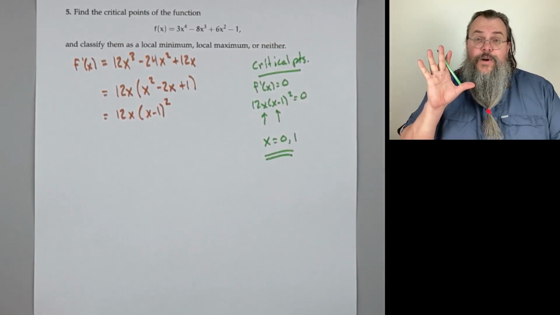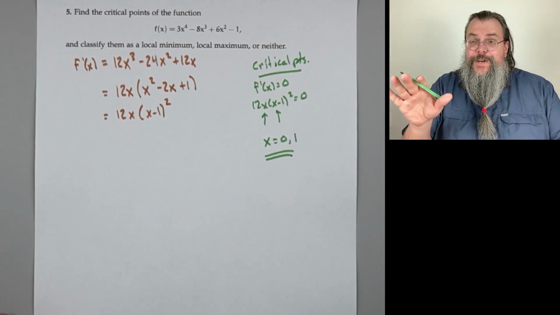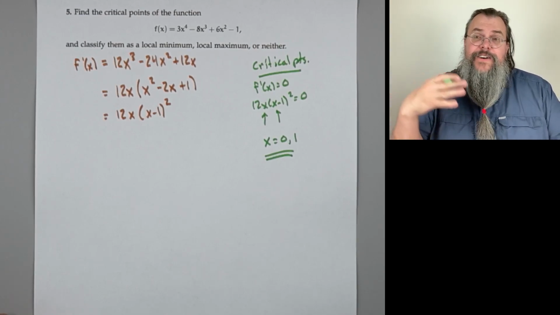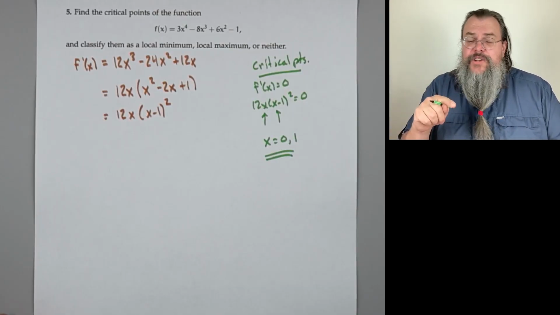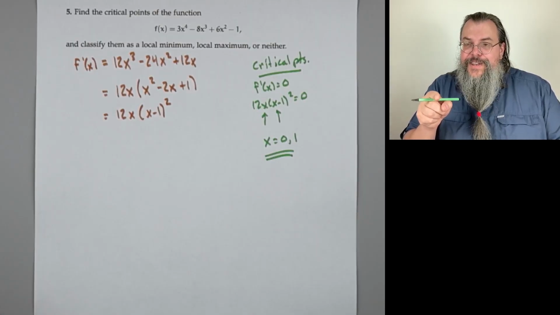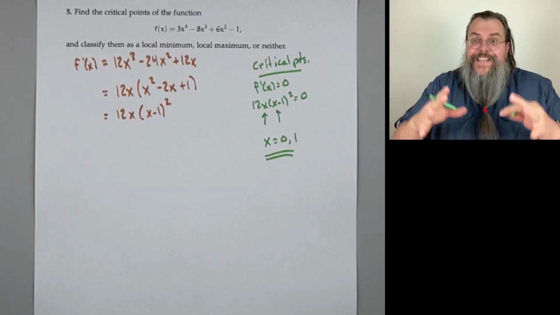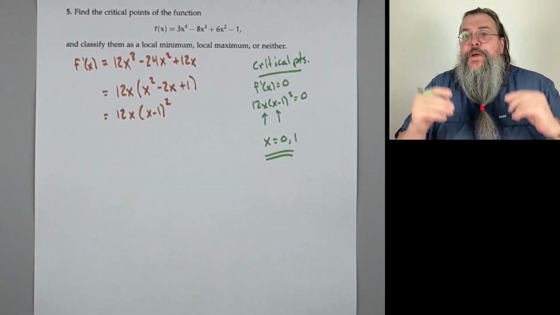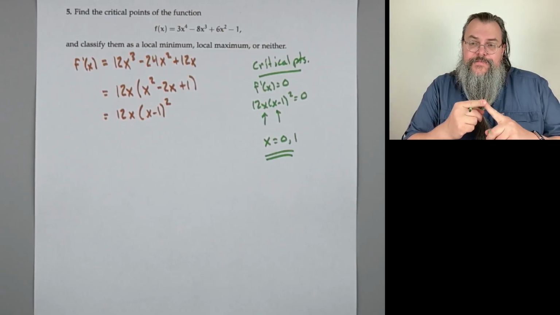Now, if our question had been find, life is good. But there's also a question about classify. So, do we want the first derivative test or the second derivative test? And why do we want the first derivative test? Well, okay, good answer. We want the first derivative test. The reason is that it's always conclusive.